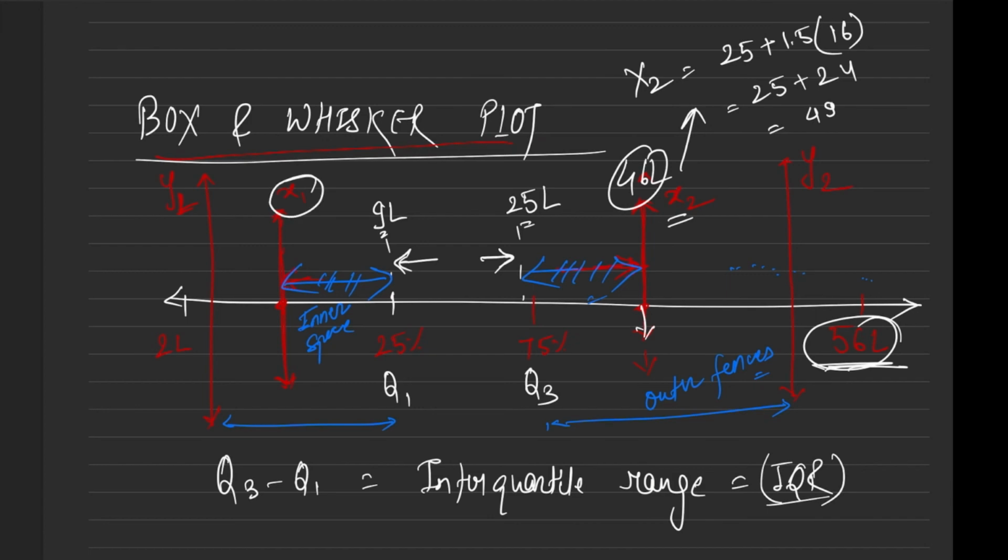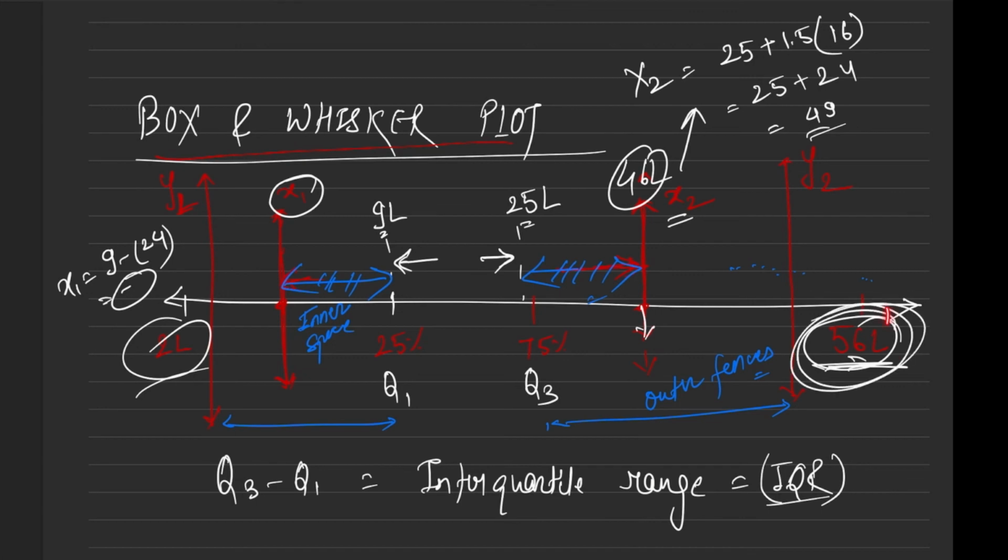Similarly, you can calculate x1, which will be 9 lakhs minus 1.5 times 16. That will give you minus 24, which is negative. So 2 lakhs is still falling under the inner fences, but this data point is not.